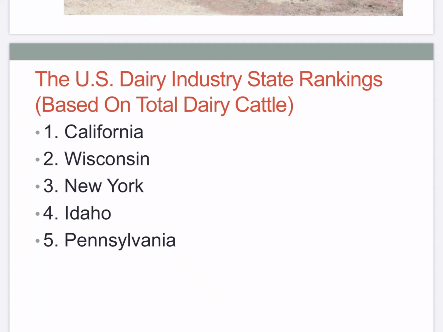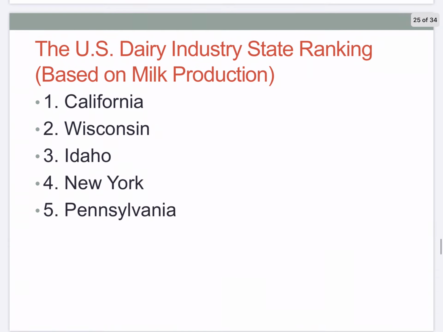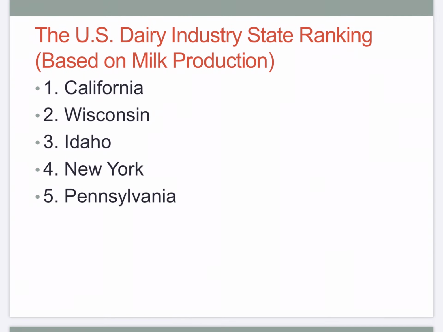So this is the slide. It's giving you 1 through 5, it gives you the answers. You just need to write them down. It says the U.S. dairy industry state rankings based on milk production. That's the next column, you just write that down.